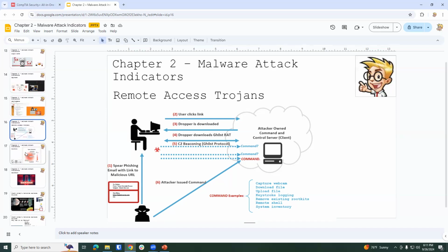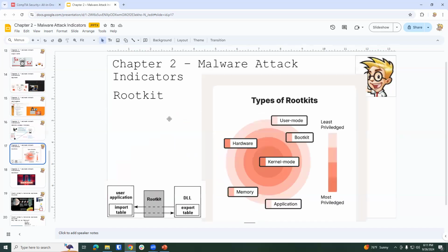So, okay, next, a rootkit. Rootkit is really probably the most complex of the malware, I would say. It just takes such deep understanding of hardware to really understand how to exploit it.